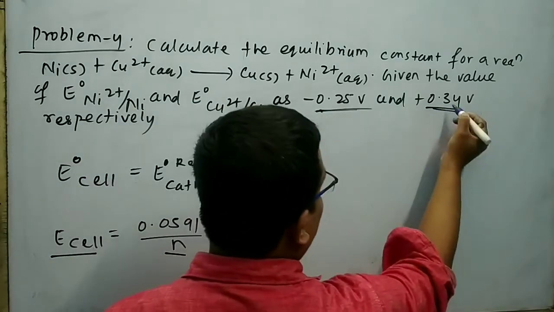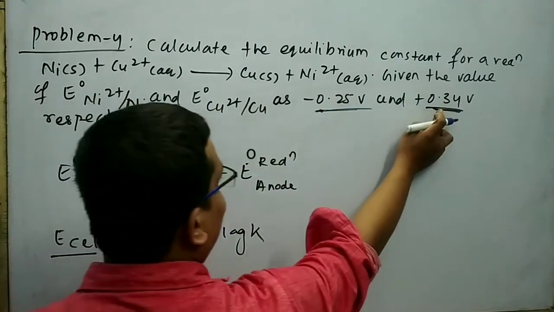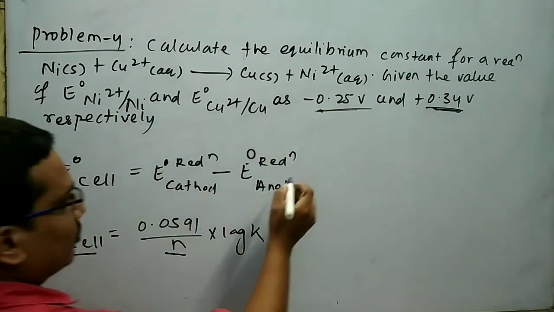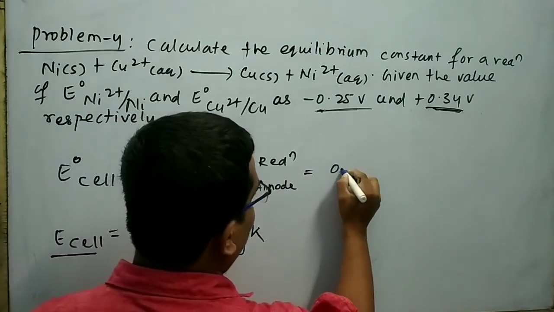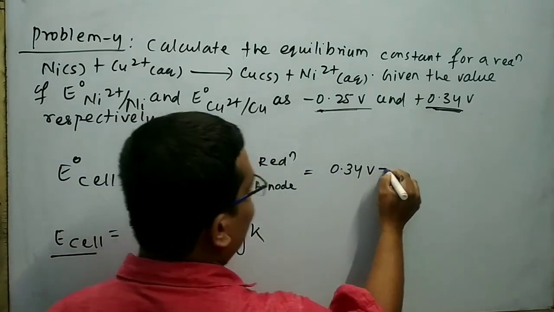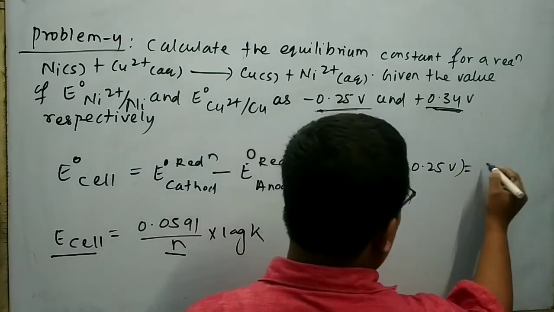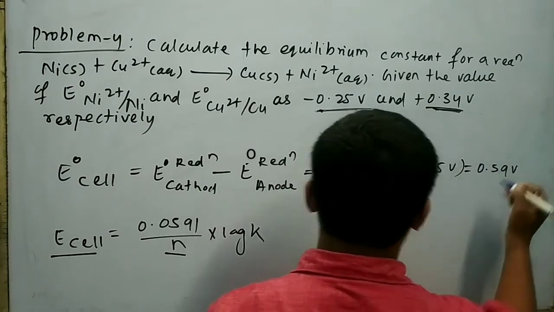Among these two values, this value is larger than this value, so put this value for this term and this value for this term. So E0 cell equal to 0.34 volt minus of minus 0.25 volt. After solving, E0 cell is equal to 0.59 volt.